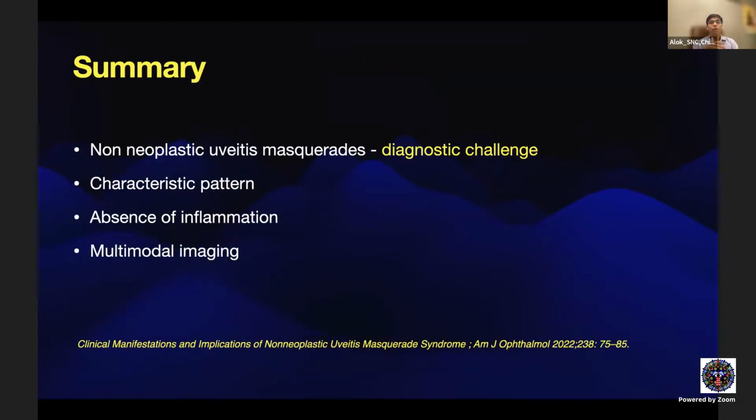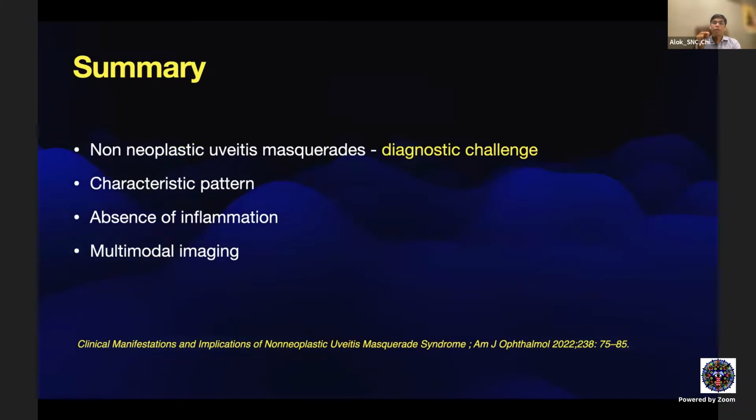So to summarize, non-neoplastic uveitis masquerades can sometimes be a diagnostic challenge. You should be accustomed to picking up the characteristic patterns in these cases, and they usually do not fit into any of the described uveitis patterns.